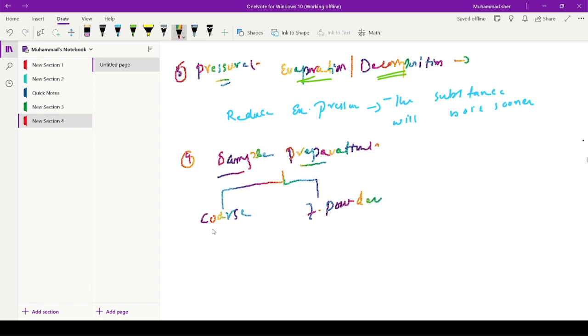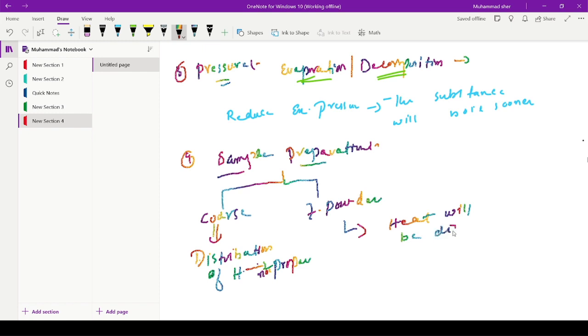Now, by preparing it in the coarse mixture form, the distribution of heat in this case will not be proper, and in fine powder form, heat will be distributed properly.